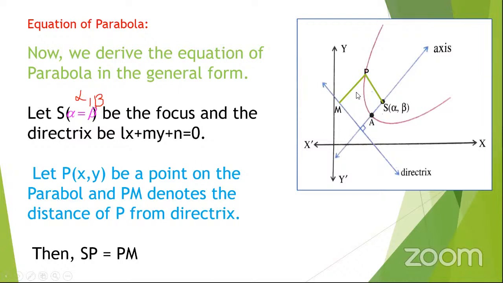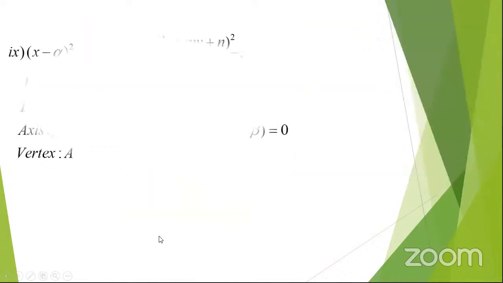Then the distance of P from the directrix is PM, and the distance of P from the focus is SP. If P lies on the parabola, it must satisfy the geometric condition that SP is equal to PM. What is SP, children?